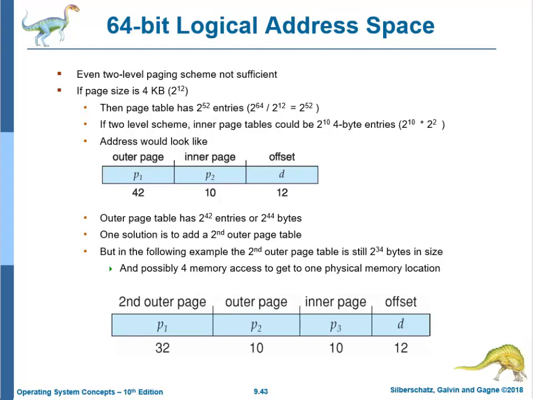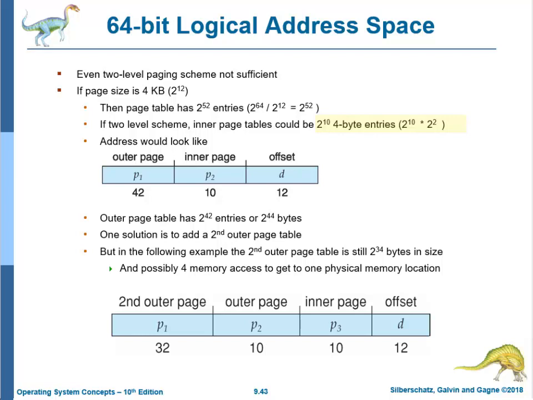Even a two-level paging scheme is not sufficient for 64 bits. If the page size is 4 KB, which is 2^12, then the page table has 2^52 entries, because it's a 64-bit logical address space: 2^64 divided by the page size 2^12 equals 2^52. If we use a two-level scheme, inner page tables can be 2^10 4-byte entries.